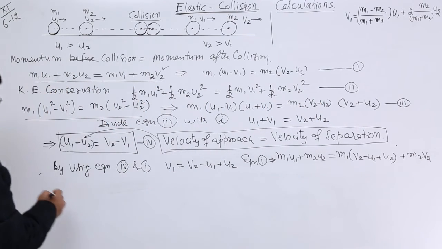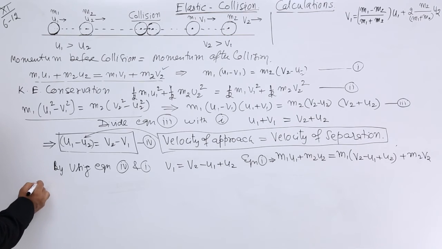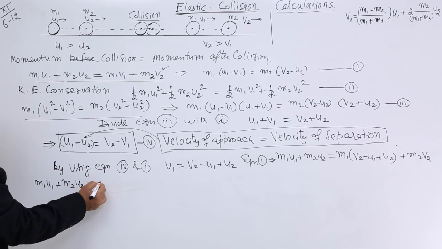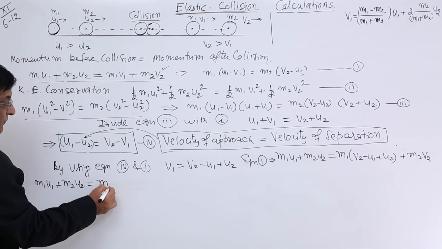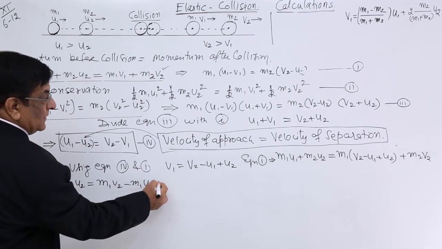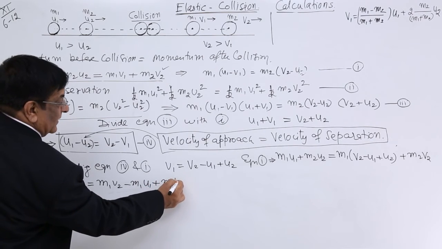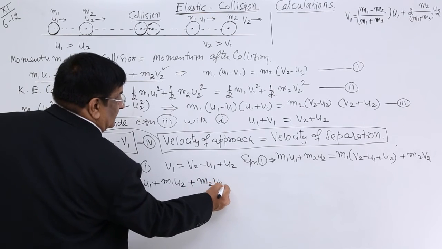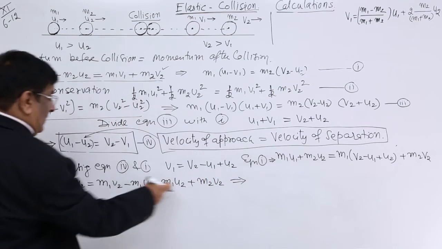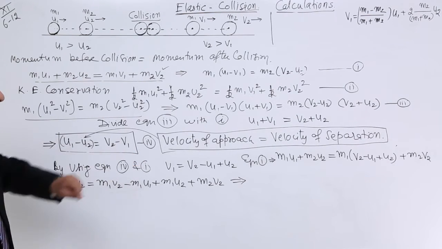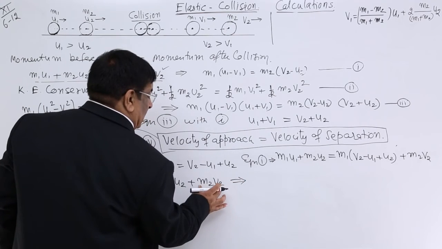Now open it up. So this will be m1 u1 plus m2 u2 is equal to m1 v2 minus m1 u1 plus m1 u2 plus m2 v2. Okay, we got it simplified. Now we have to find out the value of v2. So all v2 terms are taken on one side.